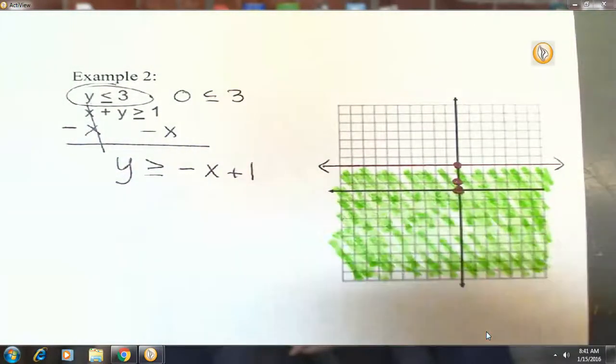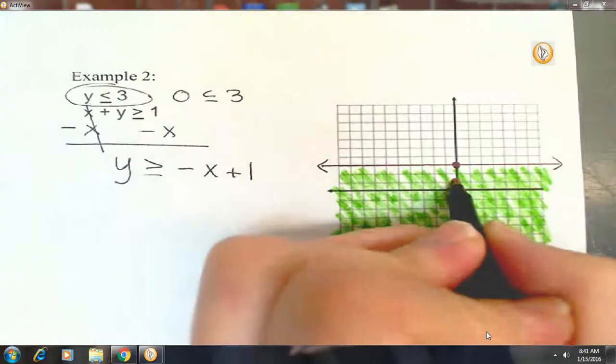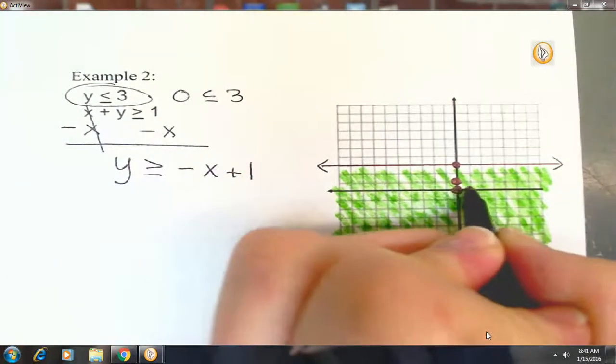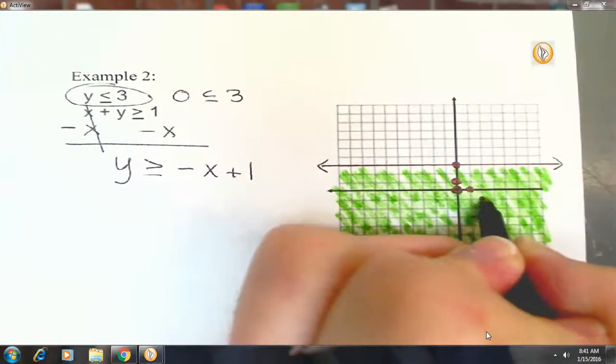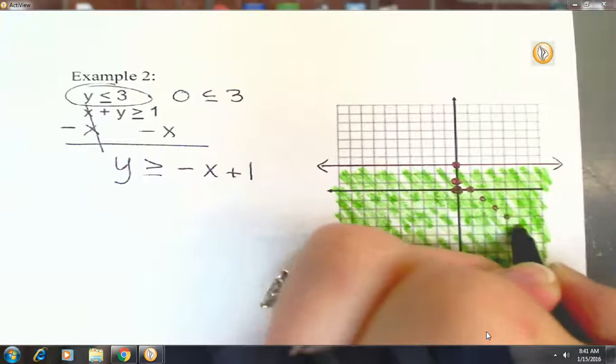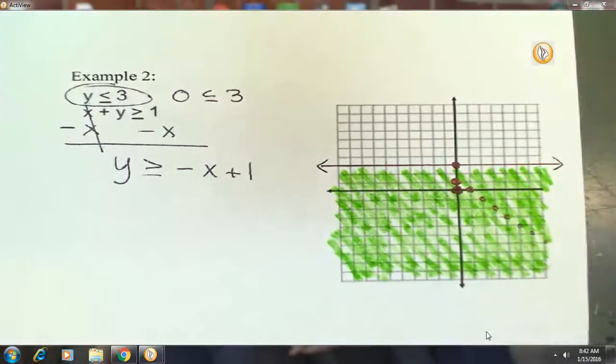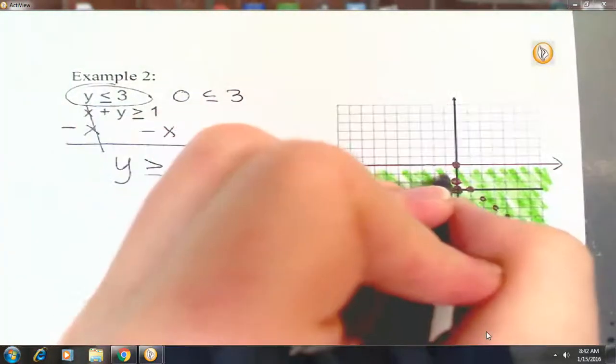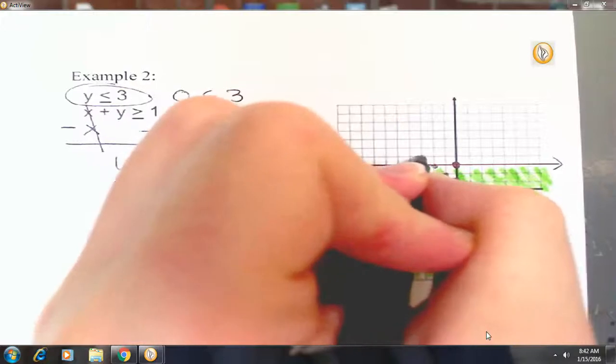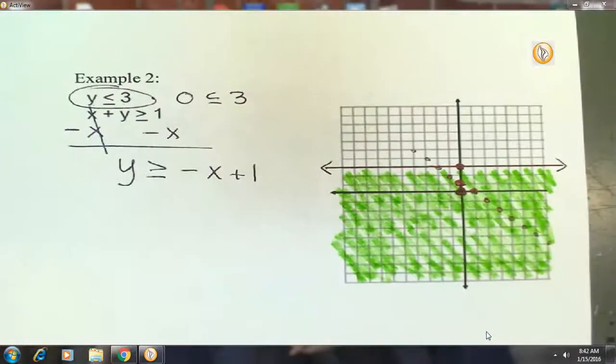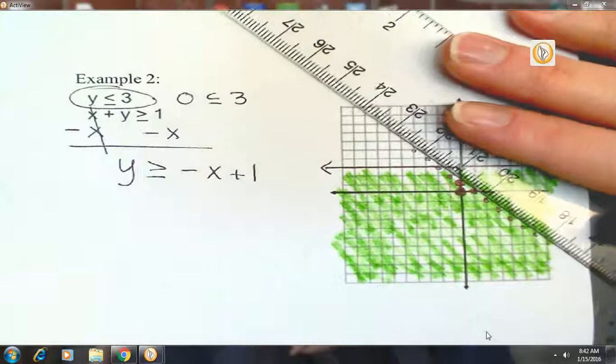And the slope? Negative 1. Down 1, right 1. Also go upward and left 1. Will we use a dash or a solid line here? Solid.